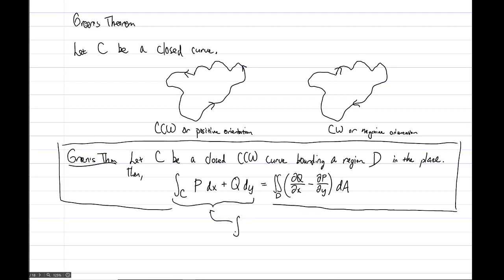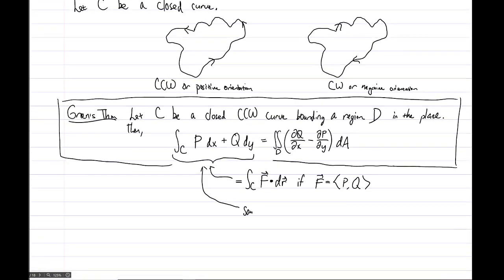As a reminder of some old things, this is equal to the integral over the curve C of F dot dr, where F is the vector field where the first component is P and the second component is Q. Some other comments: sometimes this is written with an integral sign, still over C, but with a circle drawn in the middle of the integral symbol, P dx plus Q dy.